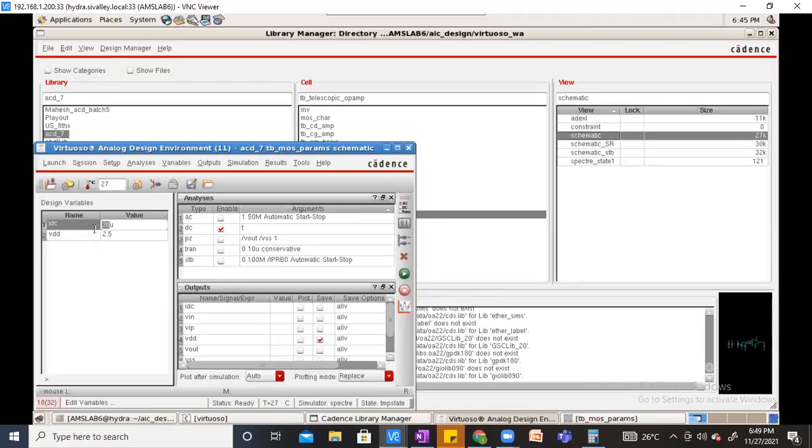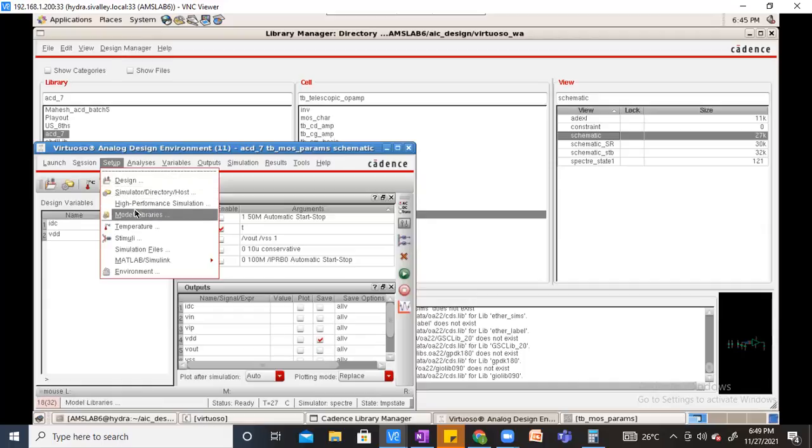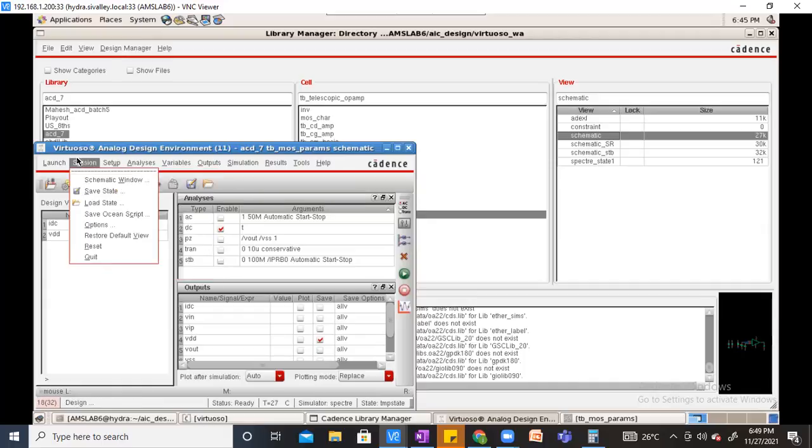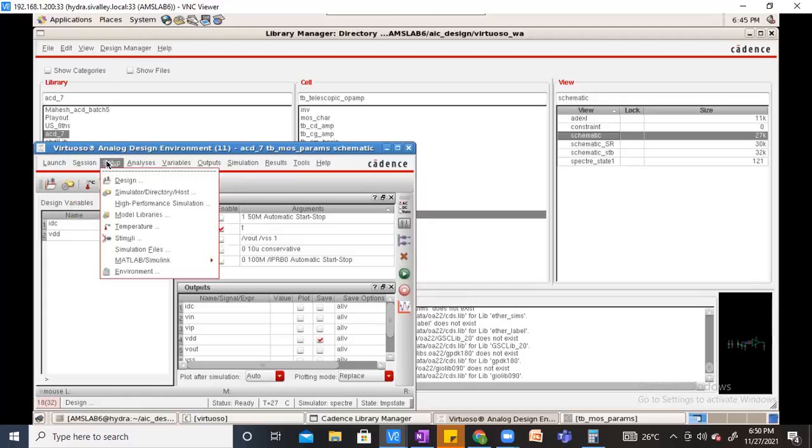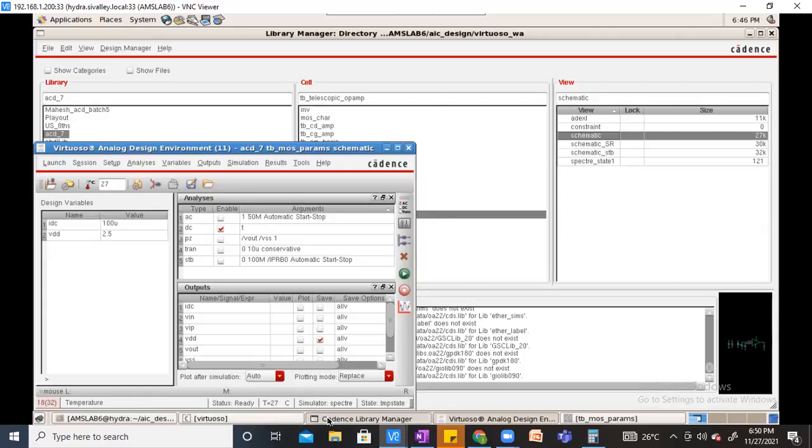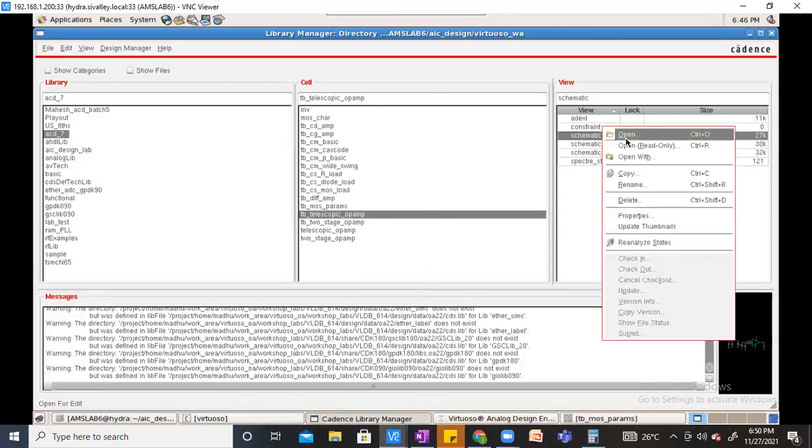It's 100 micro, right? So phase 2.5. Okay. Now I can open the schematic here.